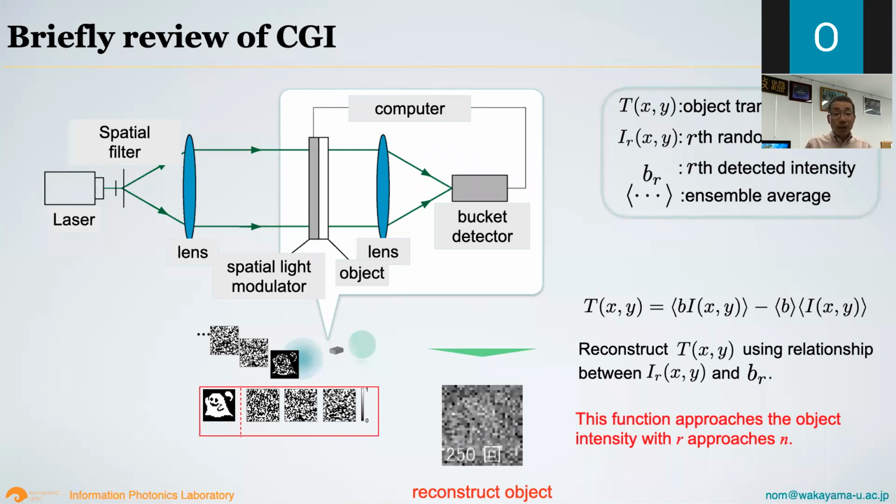The light power B_r is detected by the bucket detector, coming through from the left side, collected by the lens. The bucket detector can detect the intensity information. We change the pattern and detect the intensity.